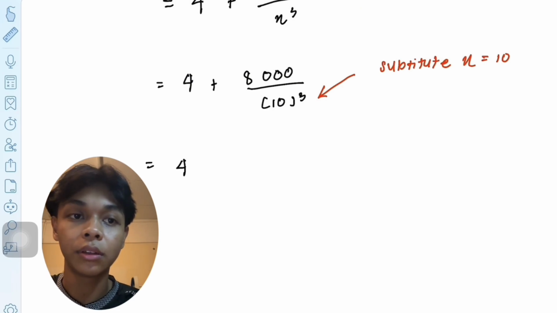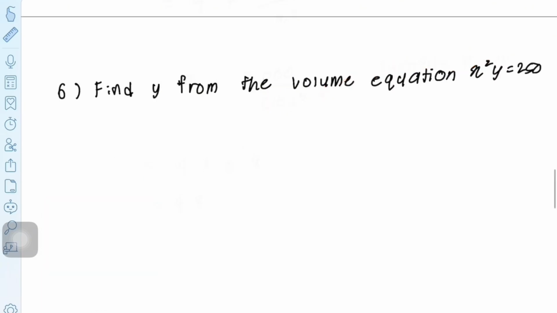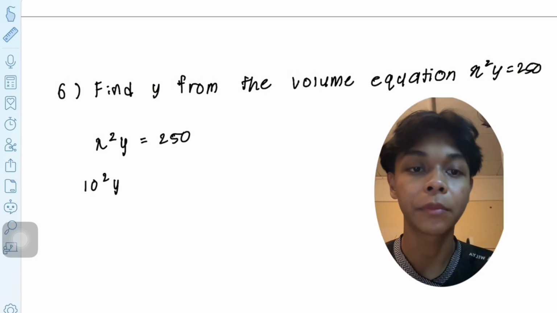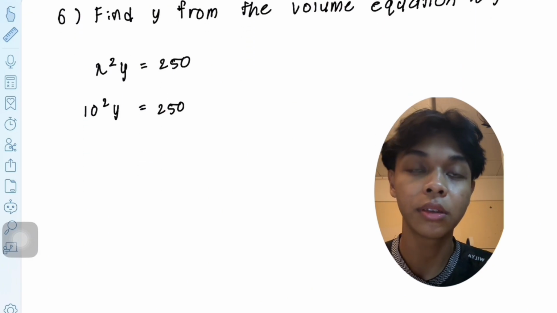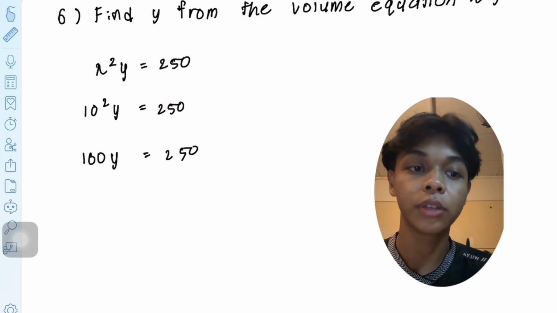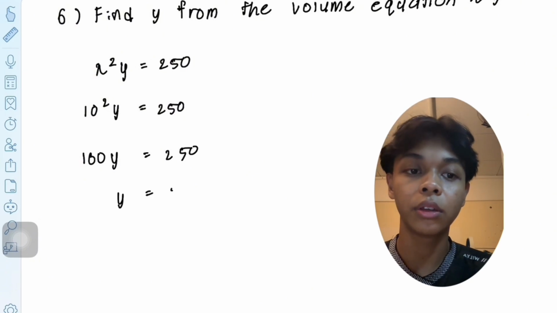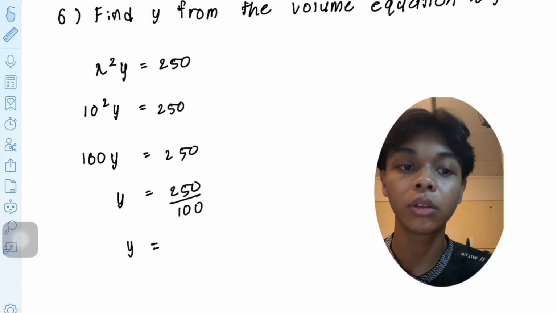So we get d squared C over dx squared equals 12. Next, we find y from the volume equation. The equation is x squared y equals 250. We substitute x equals 10, and after we solve it, we get y equals 2.5.